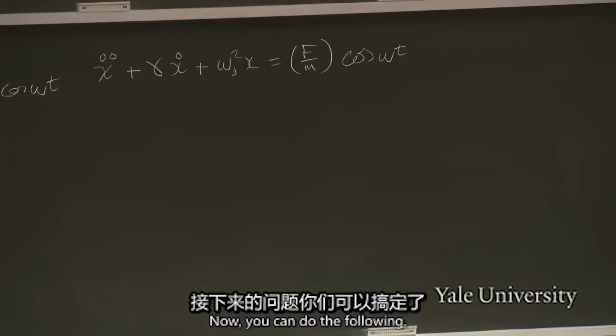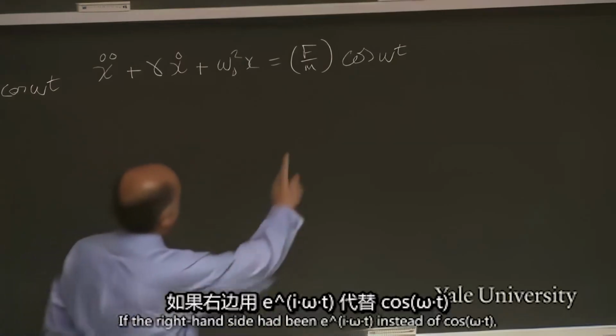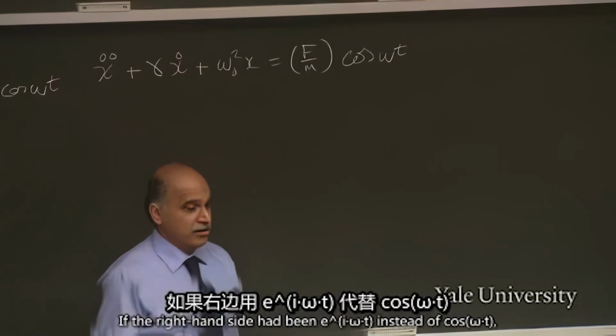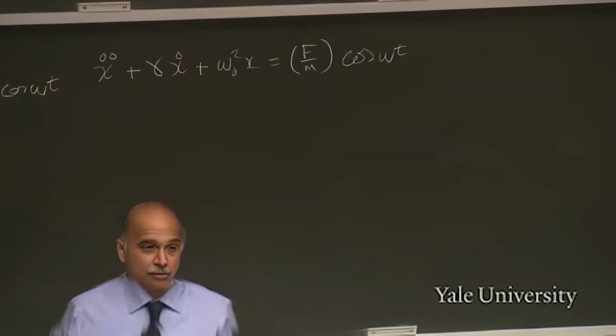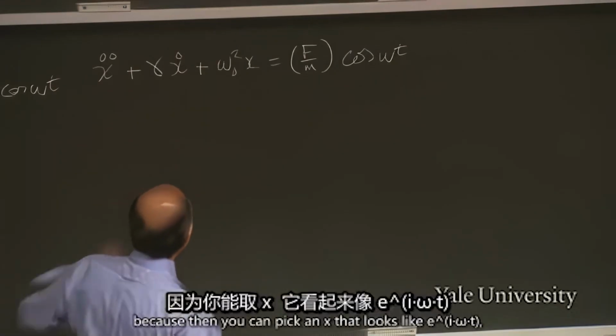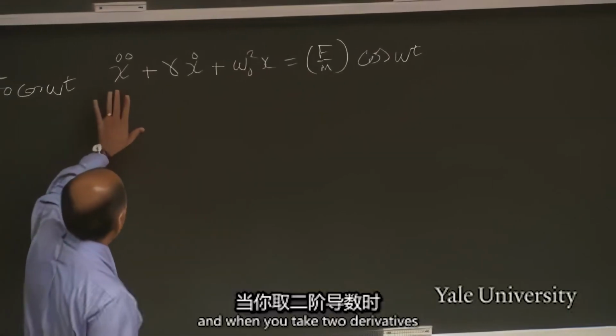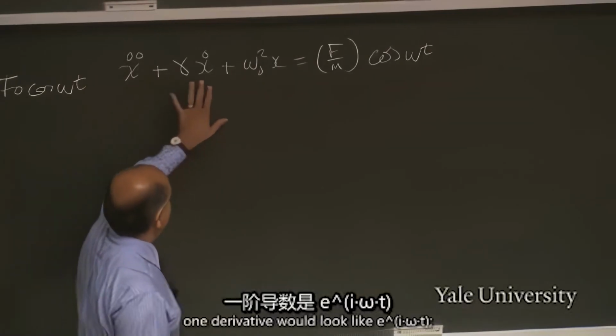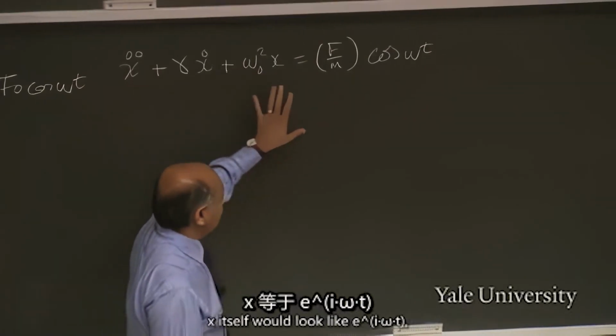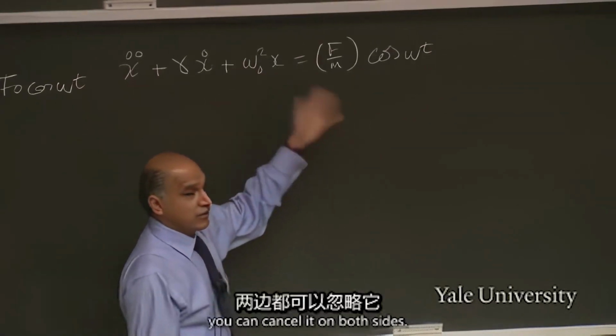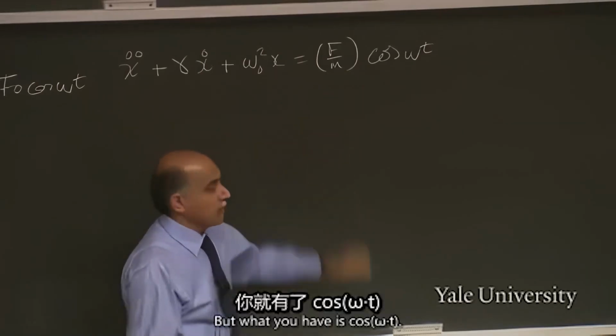Now, you can do the following. If the right-hand side had been e to the i omega t instead of cos omega t, you would be fine, because then you can pick an x that looks like e to the i omega t. Then when you take two derivatives, they look like e to the i omega t, one derivative looks like e to the i omega t, x itself will look like e to the i omega t, you can cancel it on both sides. But what you have is cos omega t.